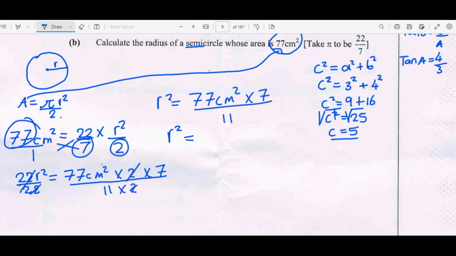Now let's look at the pattern of when you get a number times 11. Let's begin: 11 times 1 is just 11.